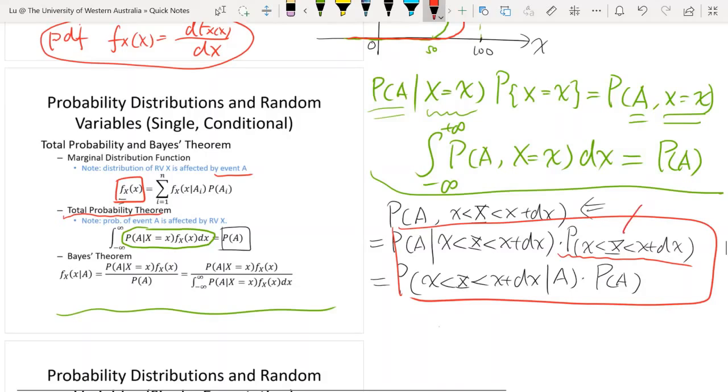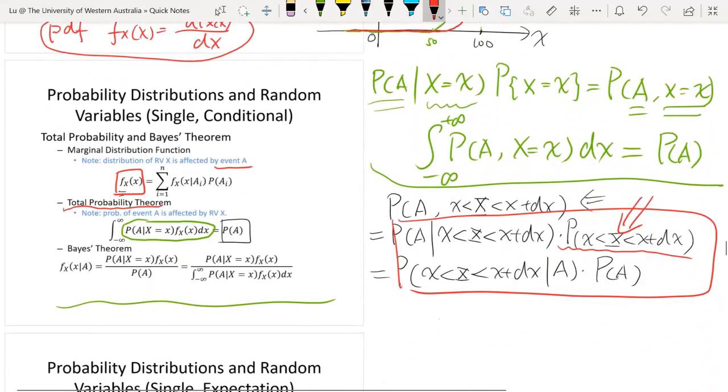This is the probability that X falls into this region. That should be dFx, or you can see that to be fX(x) dx.